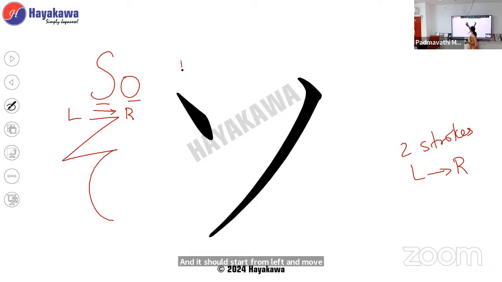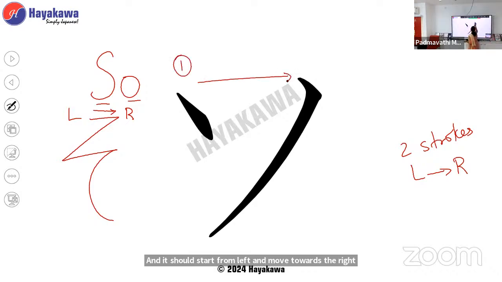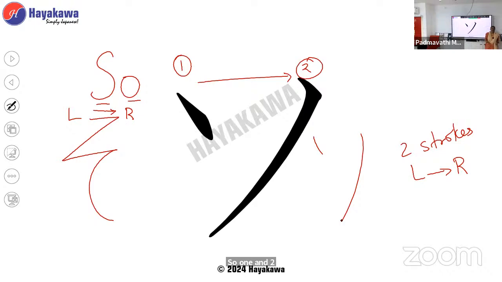So first stroke, moving towards the right, second stroke. So 1 and 2. Two strokes, which move left to right. This is going to be so.